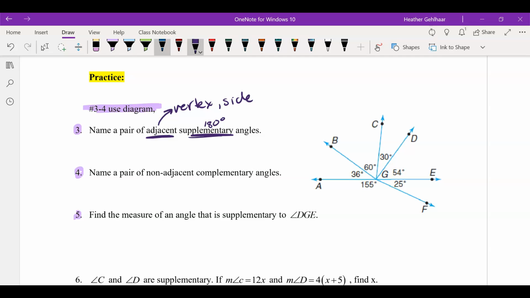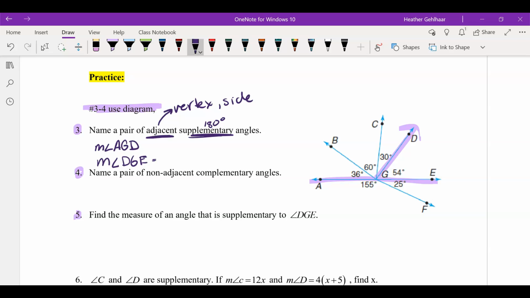So taking a look here, we know that line AE is a straight line. It's not on an angle. We know it's going directly across. We just need a pair of adjacent angles. So I'm going to look at angle AGD. So we know the measure of angle AGD, and I'm going to look at the measure of angle DGE.